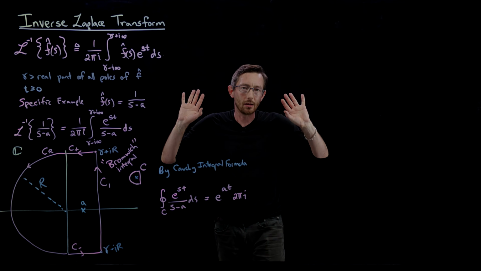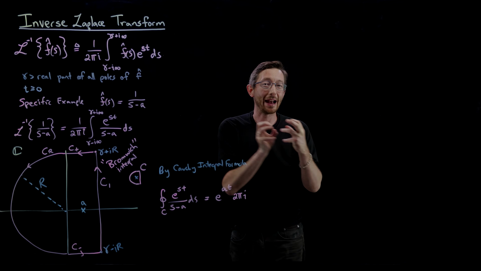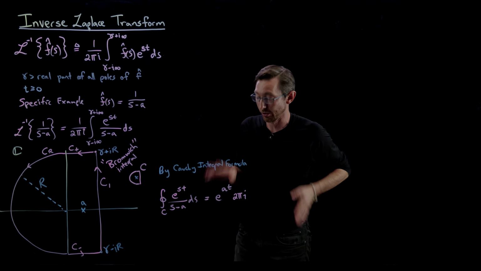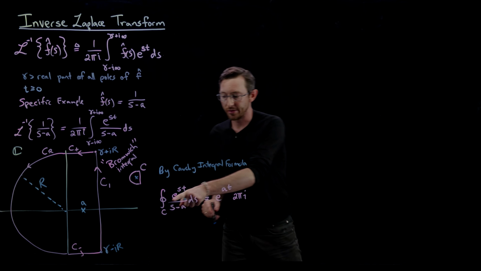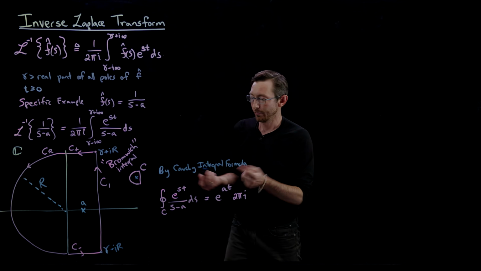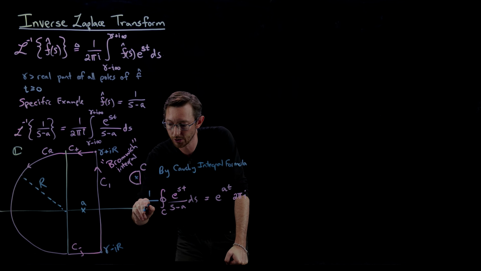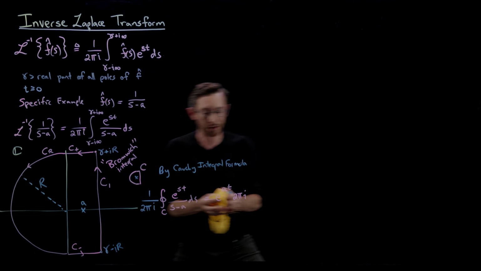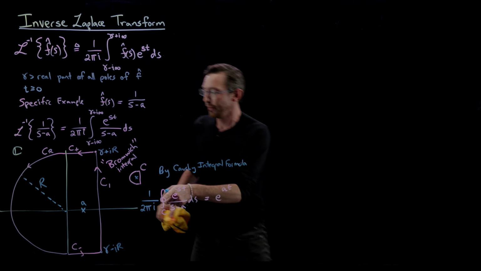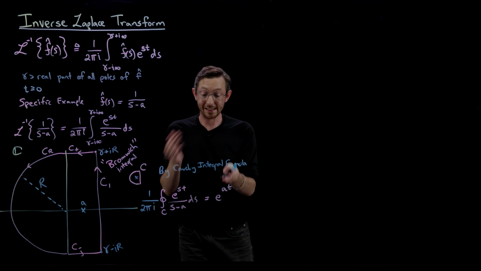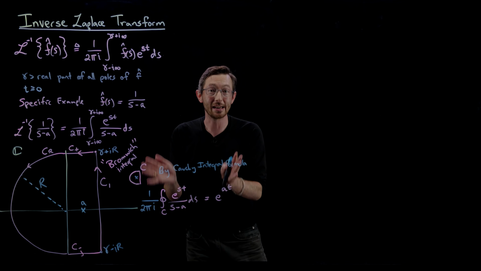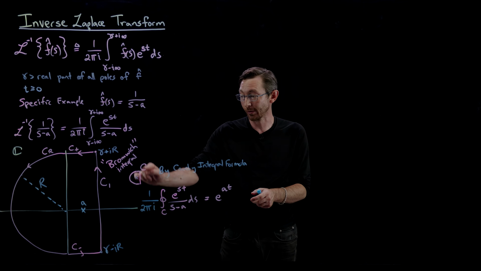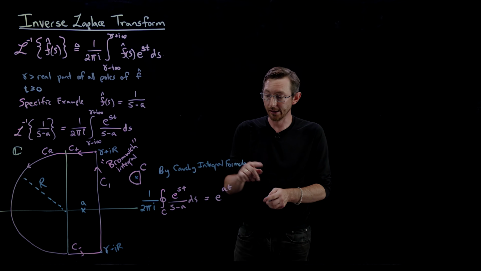So let me show you the last piece of the logic of the puzzle that I've kind of held back, which is the following. This contour integral, with 1 over 2 pi i out front, is easy to solve using the Cauchy integral formula. We can just write down the solution of this contour integral around the whole Bromwich contour: it is e to the at.